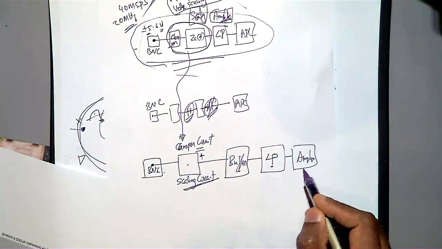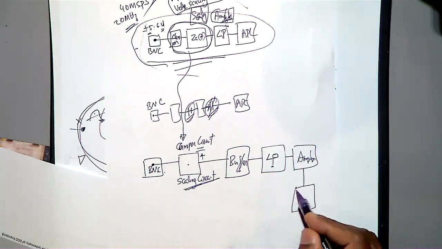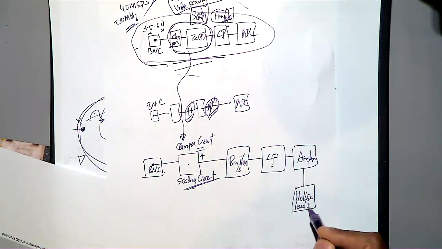After the amplifier, you connect to the ADC, but before connecting to the ADC, I already said we need a voltage level shifter. And then you can connect to the ADC.